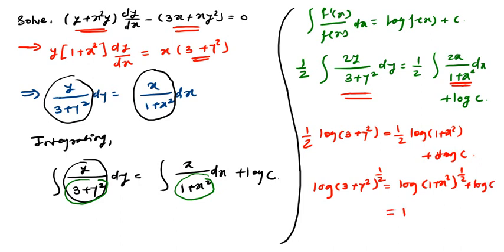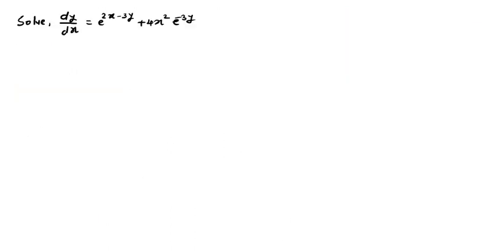Okay, so finally this will be log of 1 plus x square to the power 1 by 2 into c, and finally this log and this log cancel, so we get the answer as 3 plus y square to the power 1 by 2 equal to 1 plus x square to the power 1 by 2 into c, and that is our final answer.